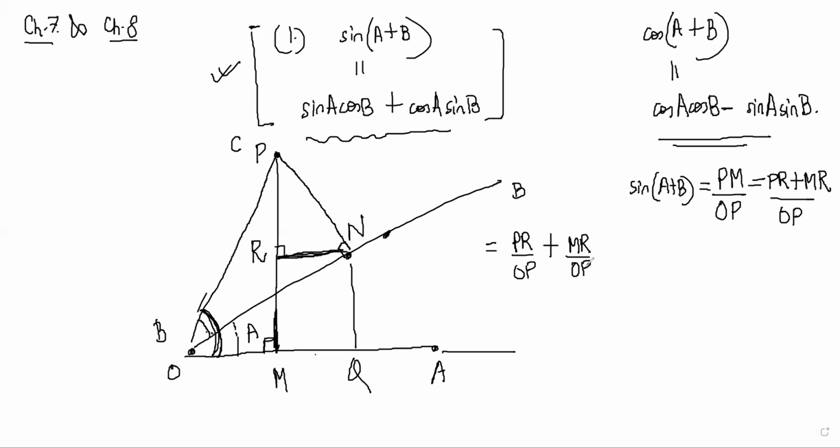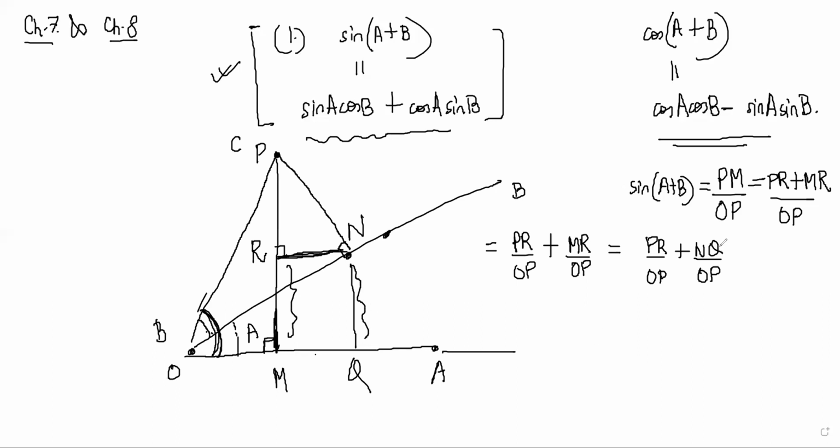Now MR, first of all, we will write as NQ, okay? So PR by OP plus NQ by OP, because MR is same as NQ. This one is same as this one, no?